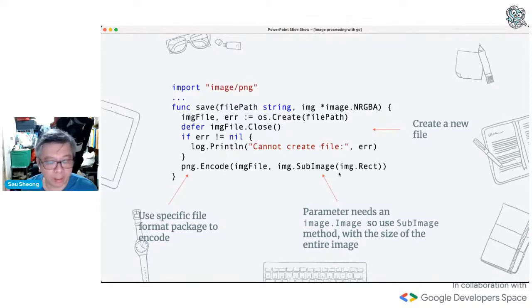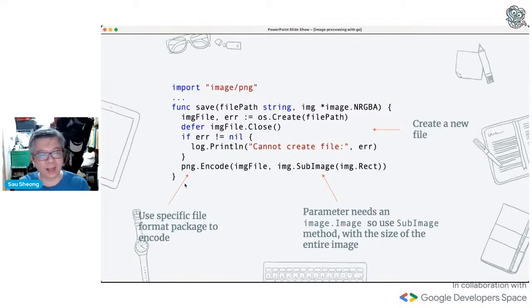This is a method within the NRGBA struct that lets you get a part of the image, but here we pass in the entire size of the image. So basically, this is the entire image, and this will return image.Image, which you can use for the encoding. Right, and finally, when this is done, it will be saved to the file, and then you would have the PNG file.